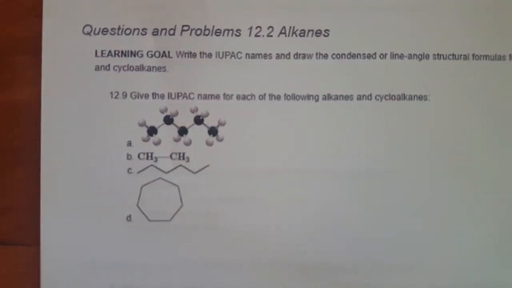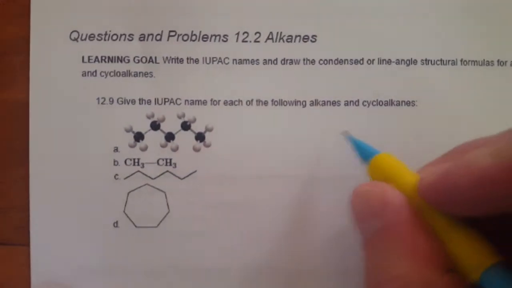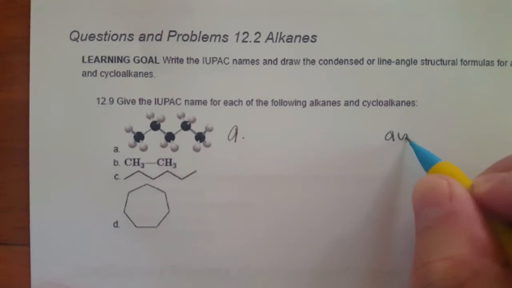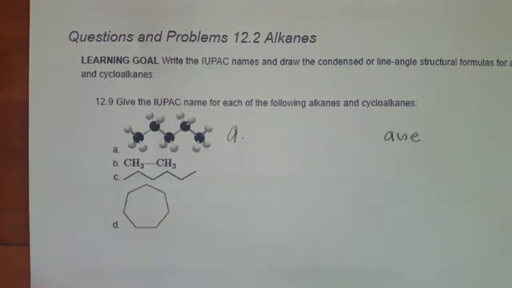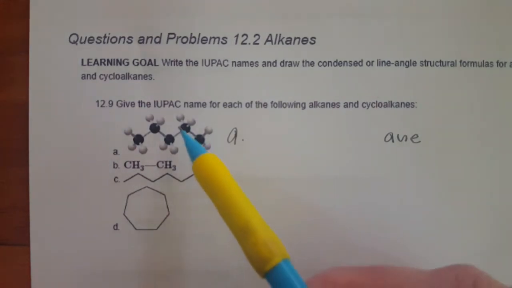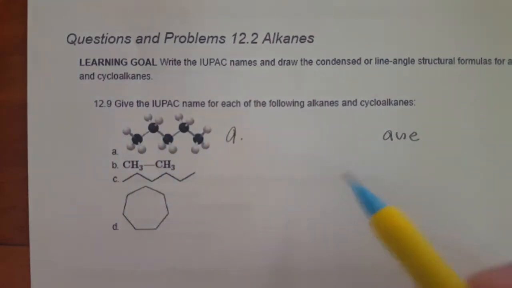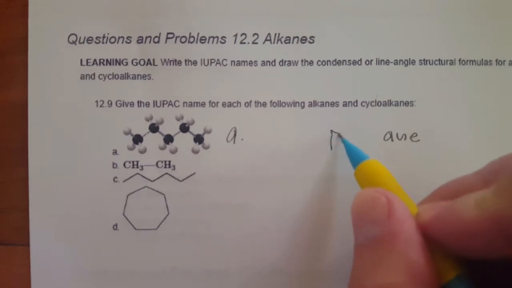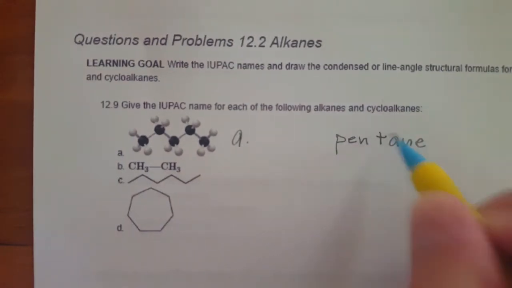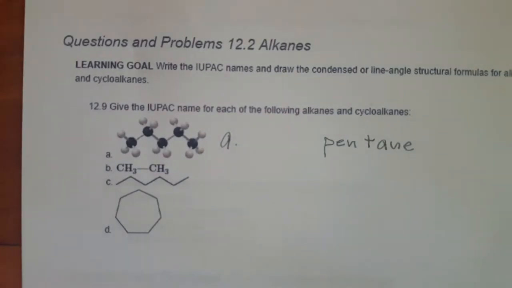So for example, this is an alkane, so the ending is going to be ane. And then the prefix is going to be 1, 2, 3, 4, 5, pen. Pentane. So the name of this compound is pentane.